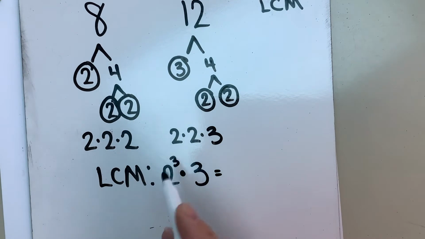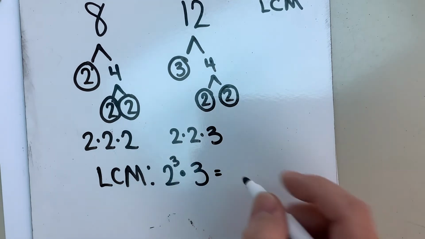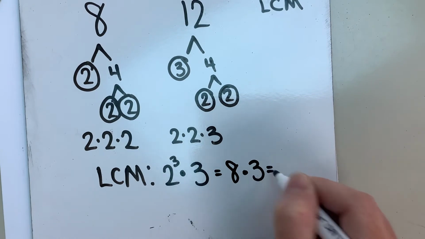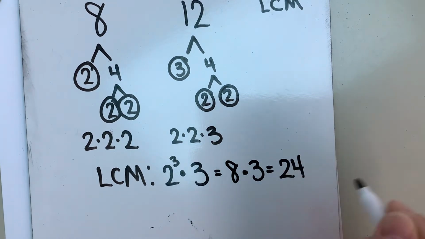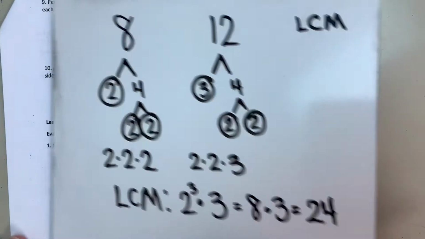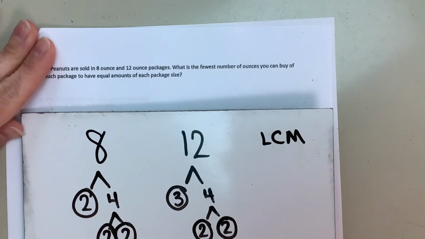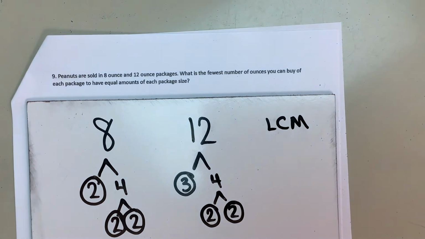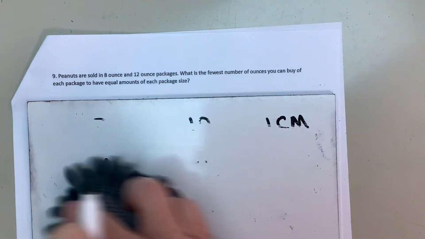We do need to evaluate this. So 2 cubed is 8 times the 3, so 24. So what this tells us in context of our word problem is that we need 24 ounces. Okay, now you have to be careful because while we need 24 ounces, we have not actually solved this problem yet.